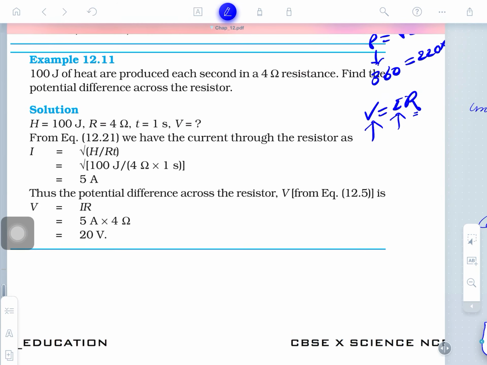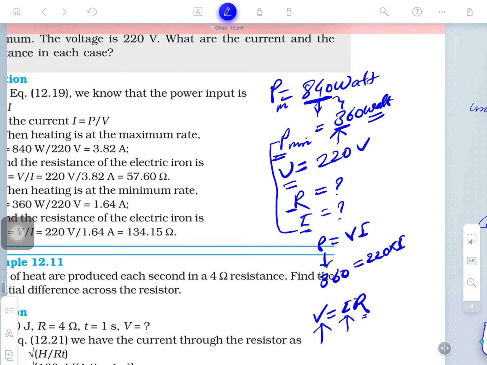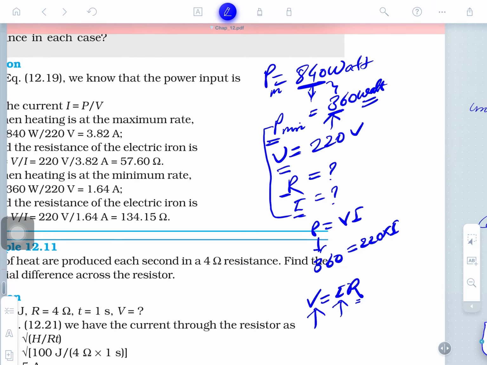Now see the next question also. To solve this question, please calculate the value of I on the screen: divide 360 by 220. What is coming? Keep it in your notebook and solve.